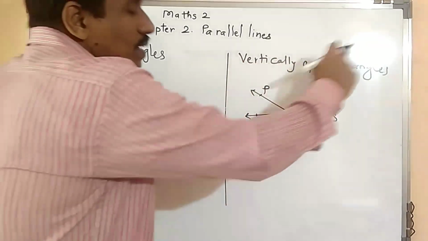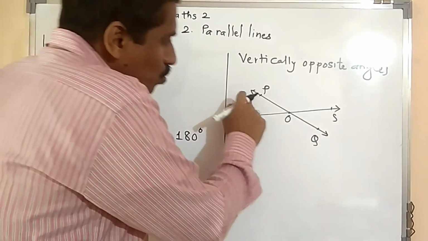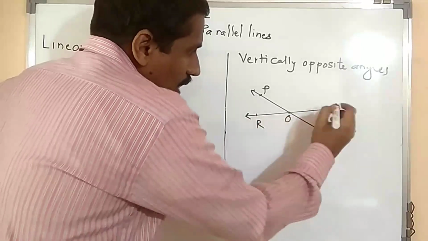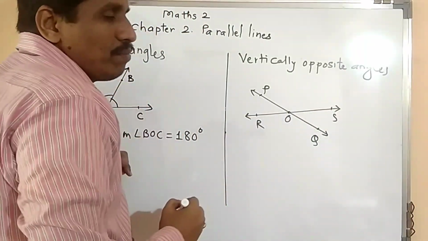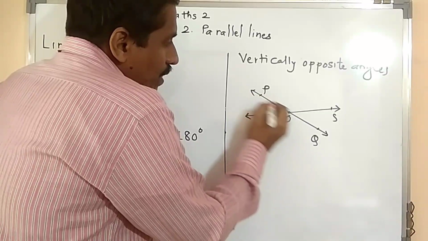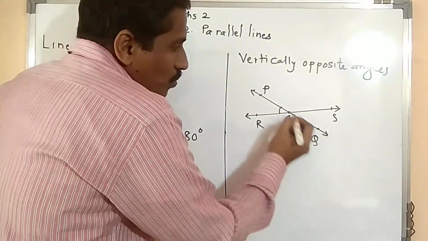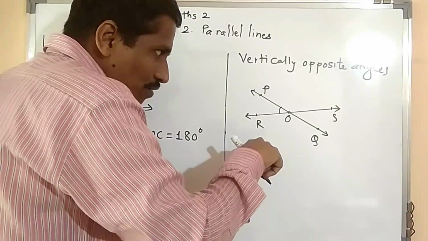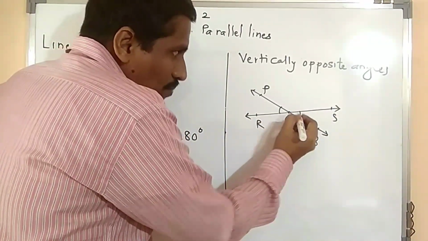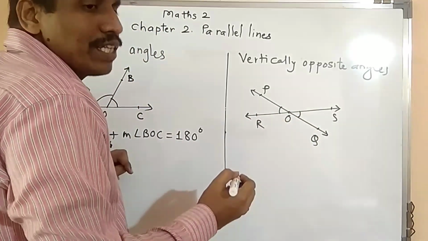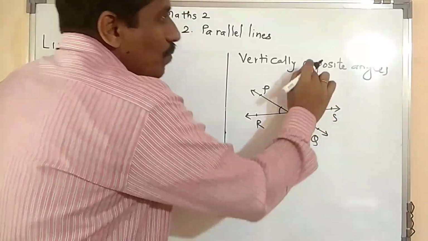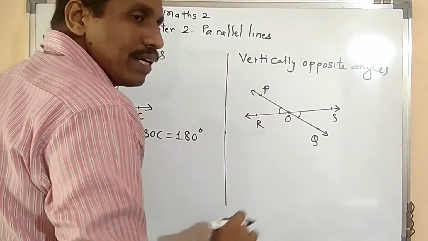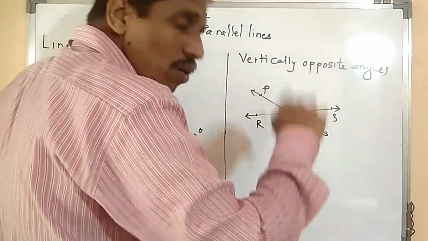Now, vertically opposite angles. When two lines intersect each other, suppose here line PQ and line RS intersect each other at point O, the arms of angle POR and angle QOS form two pairs of opposite rays, and therefore these angles are called vertically opposite angles. And what is the property of vertically opposite angles? Vertically opposite angles are congruent.